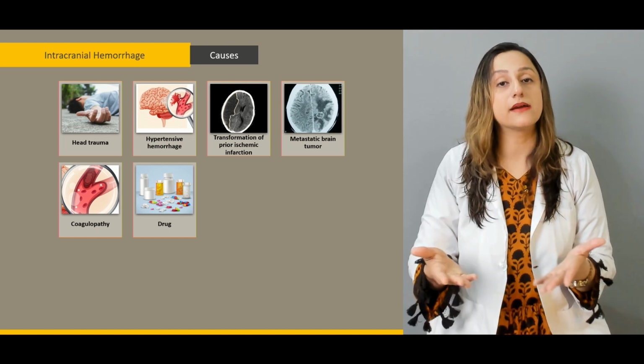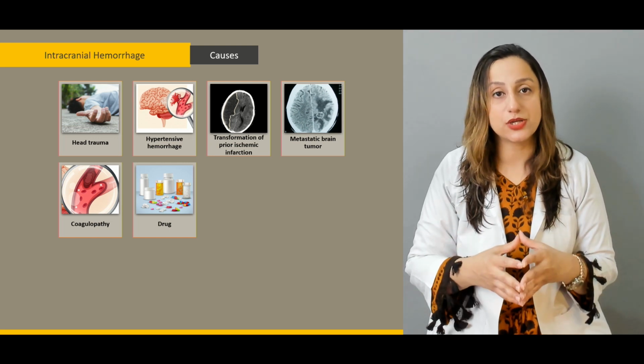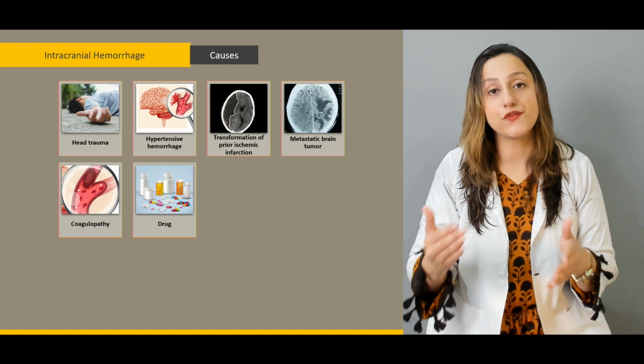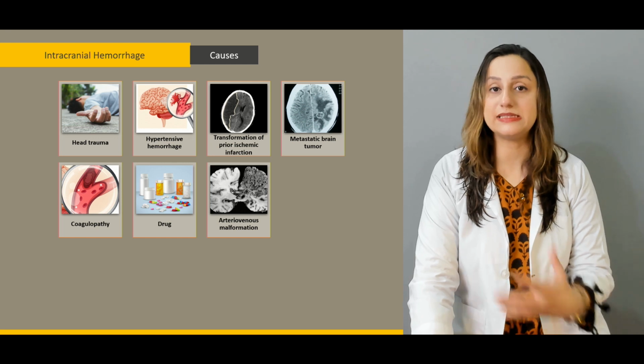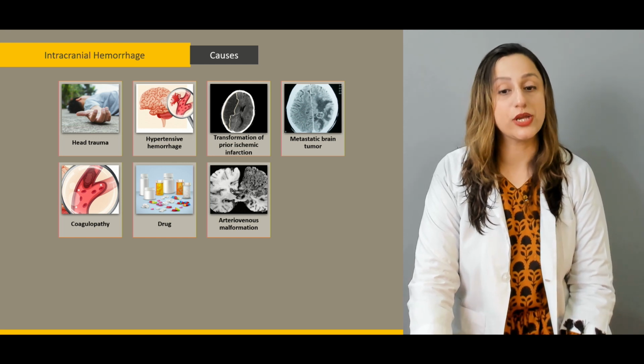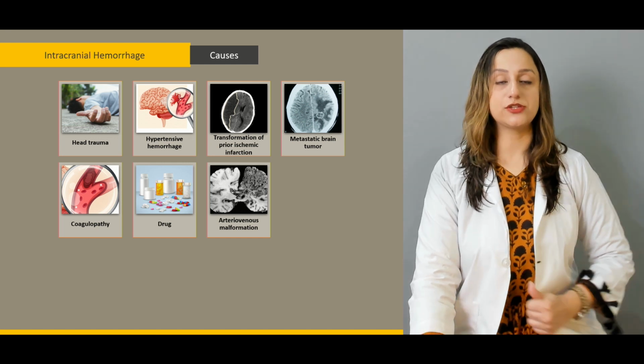They are going to result in rupture of the cerebral vasculature, resulting in the accumulation of blood inside the cerebral vasculature, inside the lobars, or inside the ventricles as well. Then a lot of genetic and congenital conditions.